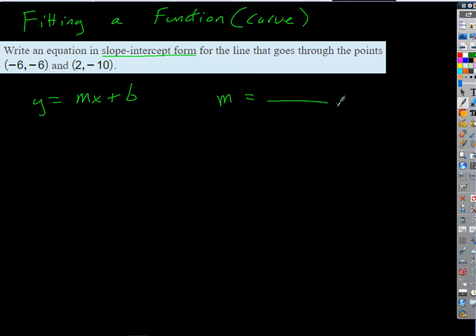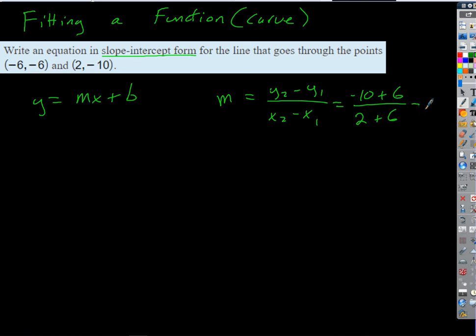What's the quotient I'm going to create to find slope here? Okay, so y2 minus y1 over x2 minus x1. And what are those numbers? 10, negative 10, minus -6, so plus 6, over plus 6.